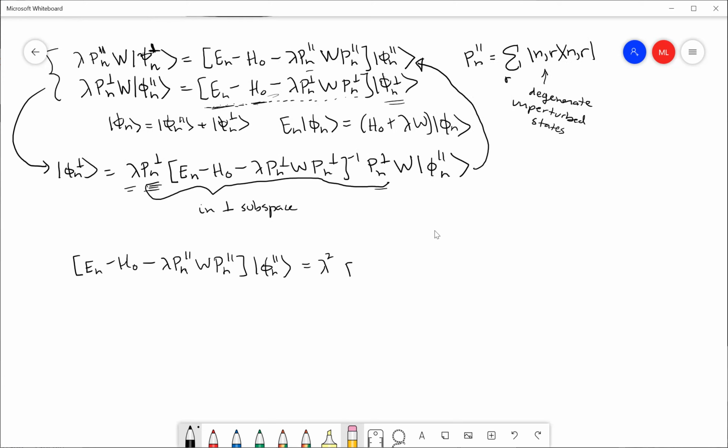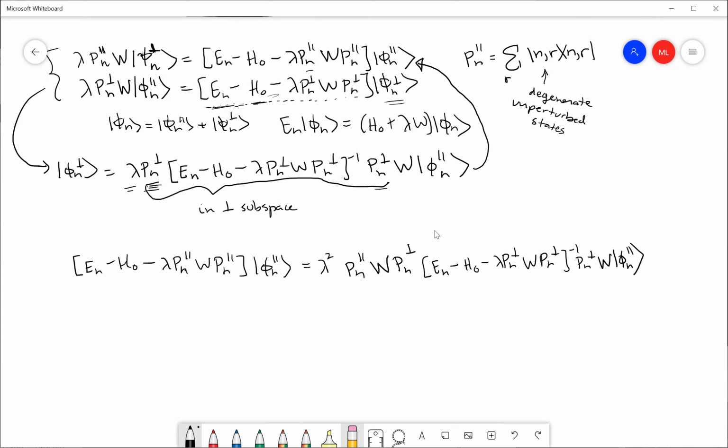Then we have Pn parallel W, right? That's the first part. And then we have Pn perp, and we have this inverse operator, En minus H naught minus lambda Pn perp W Pn perp, the inverse, Pn perp W phi n parallel.